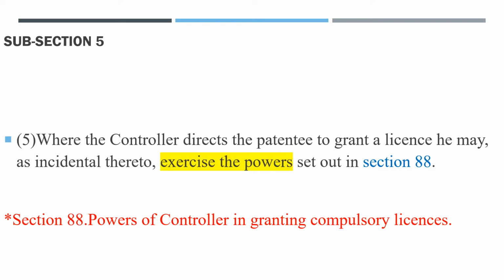Let me analyze the subsection in very simple words. When the controller directs the patentee to grant a license, he can also exercise his powers conferred to him by section 88. And this is the simple essence of subsection 5. So I hope it is clear now. So let us proceed to the next subsection.